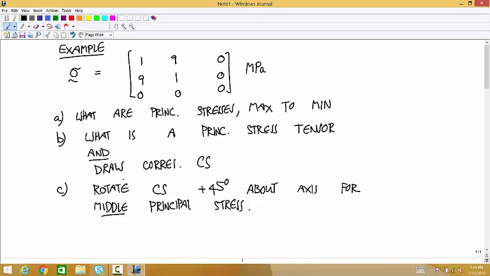When you find that principal stress tensor, and then you transform that stress into a new coordinate system rotated, it could be plus or minus 45 degrees actually, but about the middle axis, the axis corresponding to the middle principal stress, that gives you a coordinate system with the maximum absolute value of shear stress. So if you have a material that's especially susceptible to fracture in shear, like brittle materials are, then this coordinate system will tell you how likely you are to have fracture.